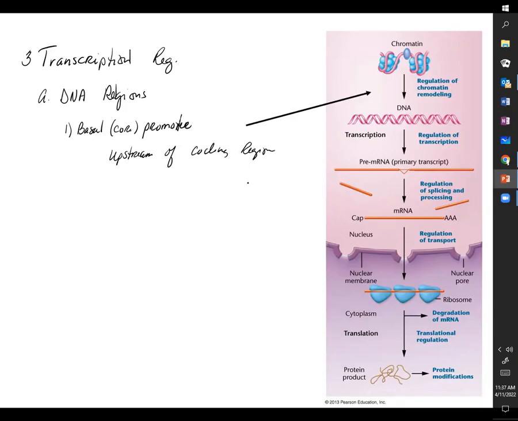In eukaryotes, it's got that very special Tata box, where the basal transcription factors, or general transcription factors, bind and recruit RNA polymerase II.